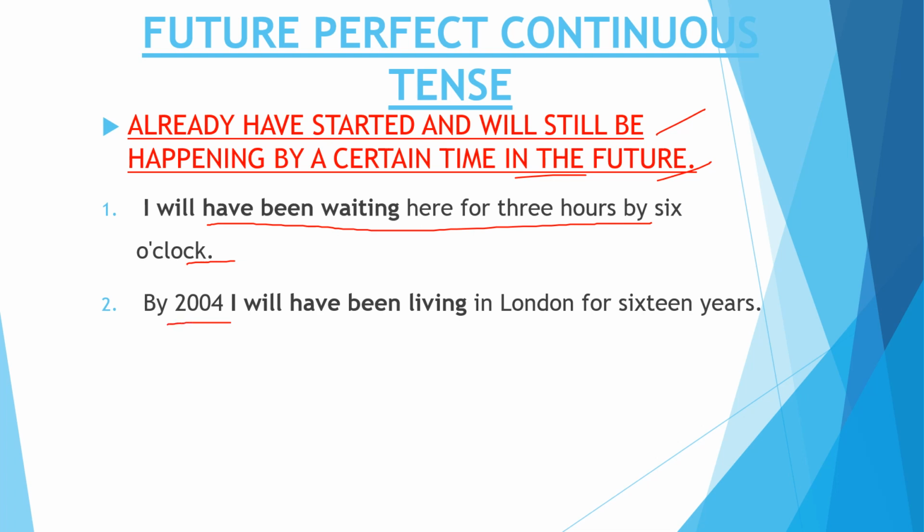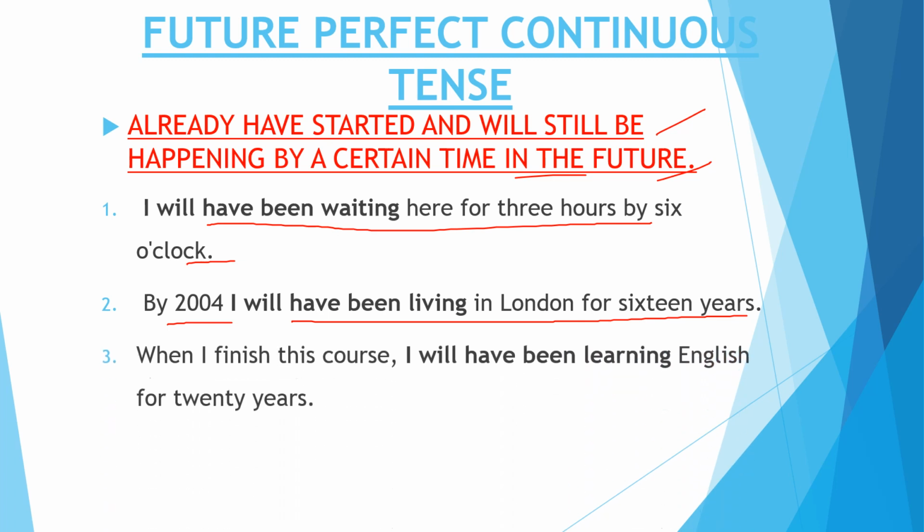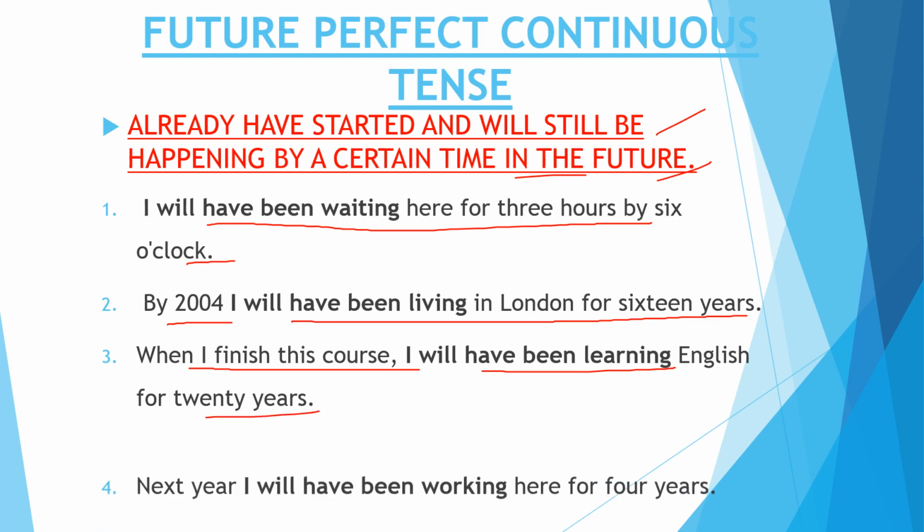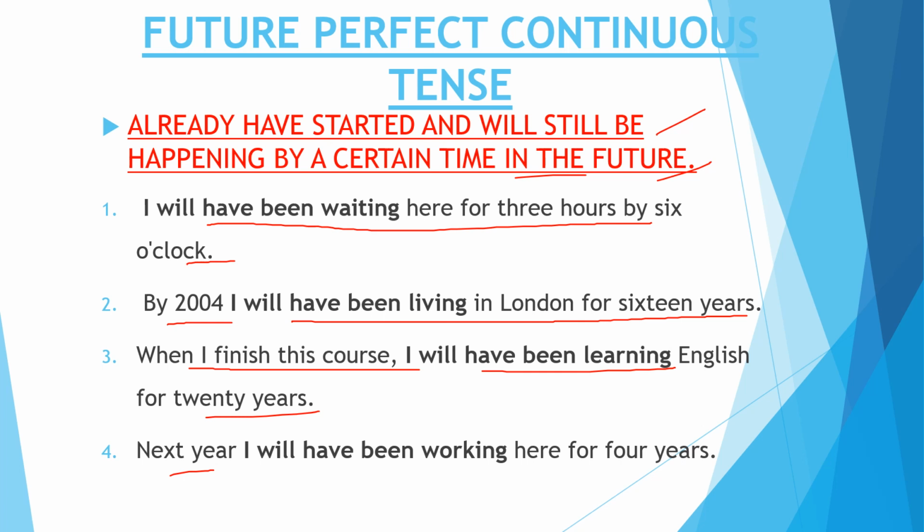By 2004, I will have been living in London for 16 years. When I finish this course, I will have been learning English for 20 years. Next year, I will have been working here for 4 years. So this was all about the future tense.